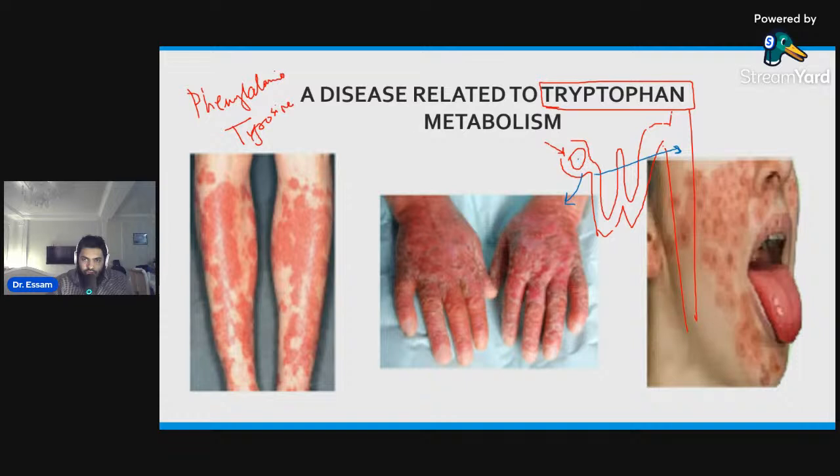So if the glomerulus has decided that it wants to excrete the tryptophan, but the tubules are intelligent, they know that we don't want to excrete tryptophan, so they will reabsorb tryptophan into the body. Okay, they will reabsorb.